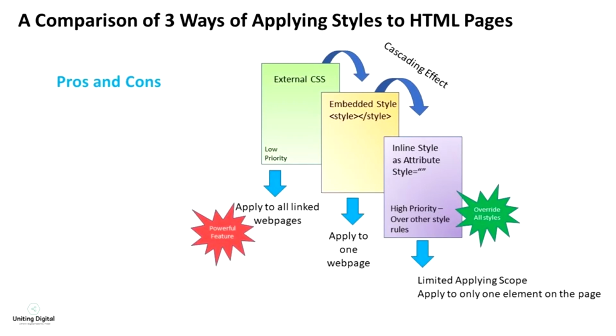In a sense, the inline style overrides any style rules, but its effect is limited to one single place on the web page, so the scope is limited. An external file like mystyle.css is more generic in terms of applying priority, but it can control all the web pages that it is linked to.